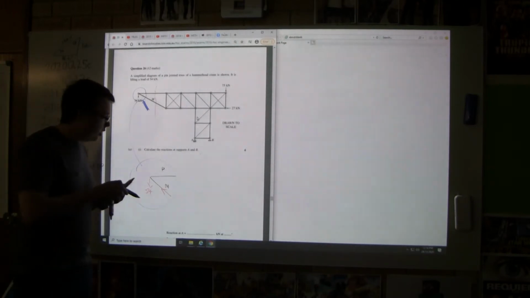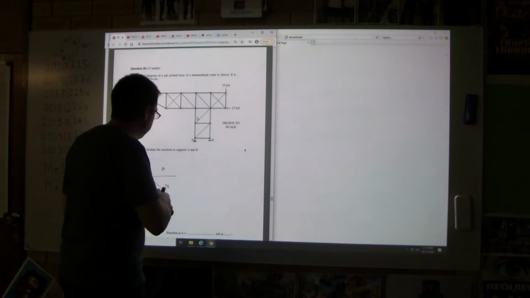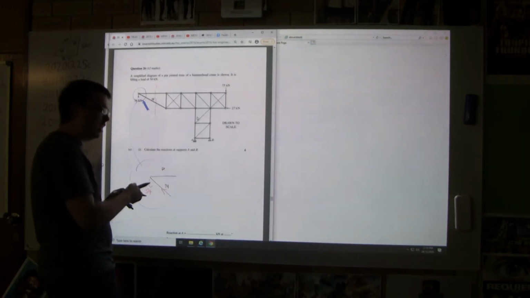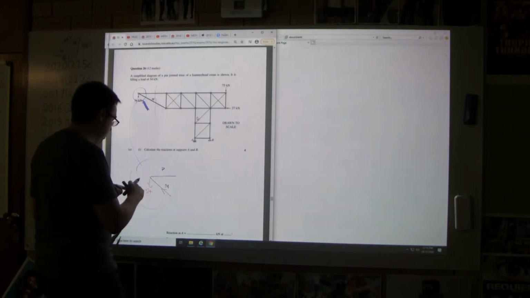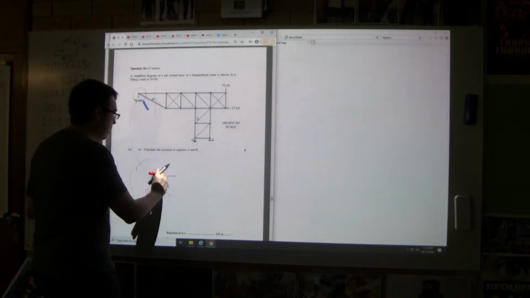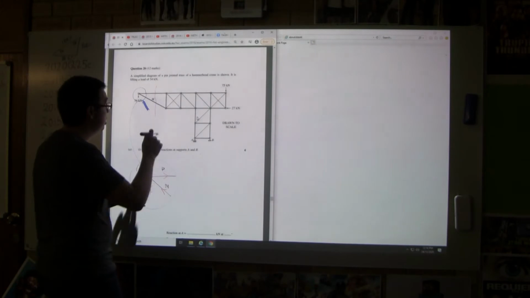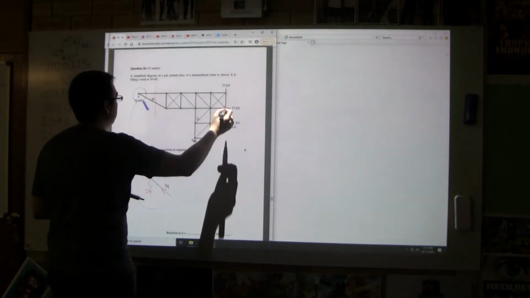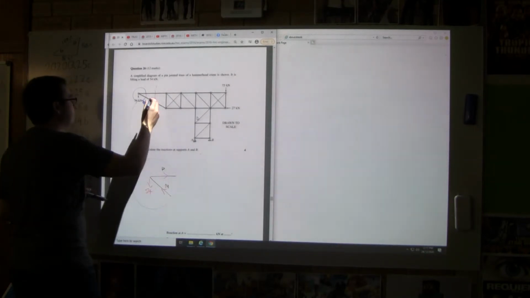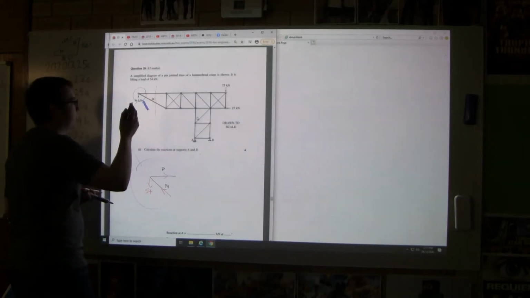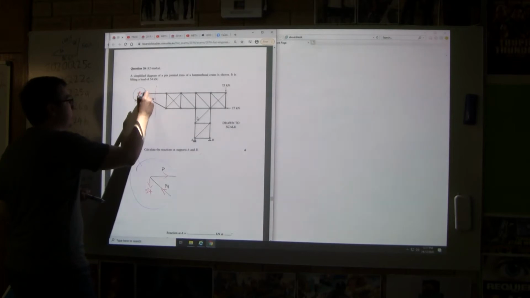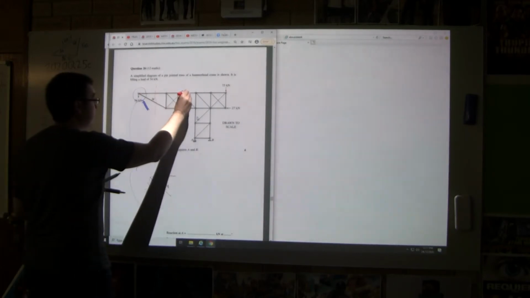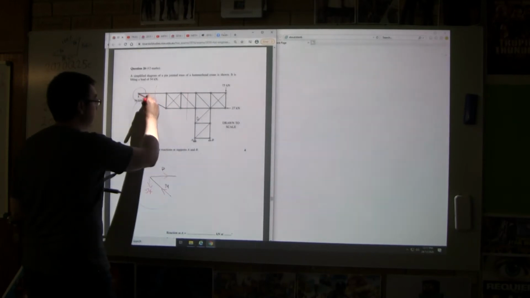But I'm going to just draw this diagram and I'm going to say that if this is going up, it's also going up and to the left, which means that P is going to have to be to the right. So how I can draw that diagram is I can just take this shape. I can literally, because it said drawn to scale, they're always drawn to scale except for that one that wasn't, and even then I still would have drawn to scale, I would have just taken this drawing here and extended it until I had 54 millimeters.